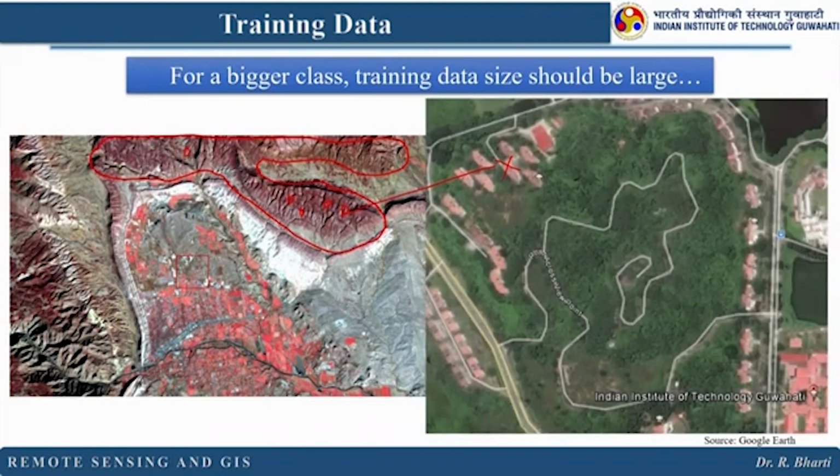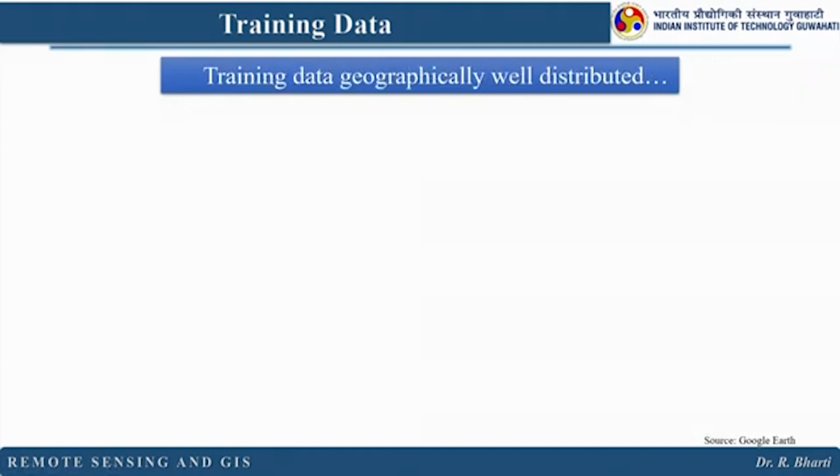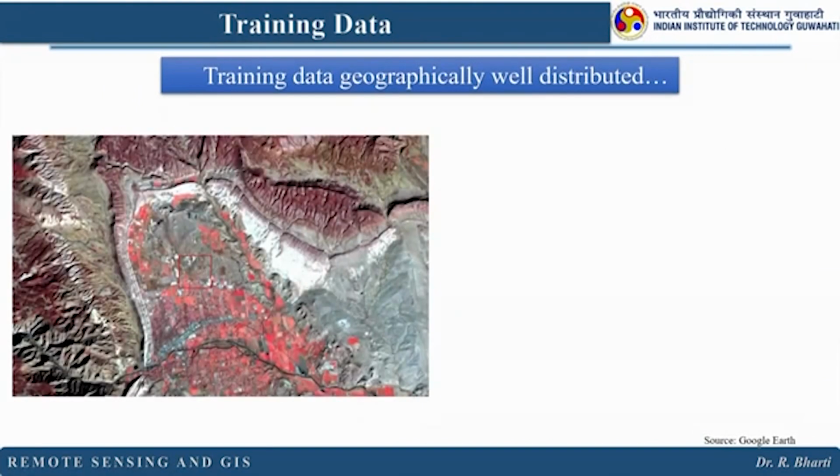Here you can see, suppose I want to classify only vegetation and non-vegetation areas, right. So then in vegetation I have to include more pixels for my training data, then only it will be good. Training data should be geographically well distributed. So that says, if this is the exposed rock, right, then 1 pixel you should take from here, from here, from here, from here, from here, and here also, right.